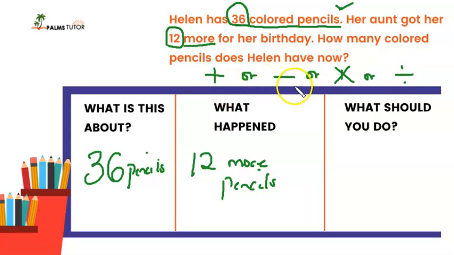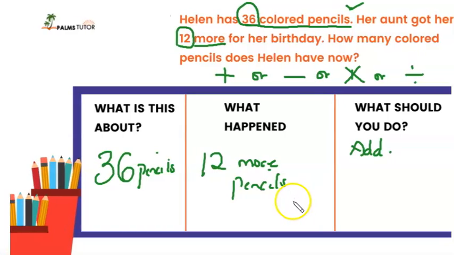You should ask yourself, am I multiplying this? Am I dividing this? Of course, this is an addition. So what should I do? I'll add it together. Although I don't want us to solve this, because we are going to continue with that later, now we have 36 plus 12 pencils. That's how many pencils Ellen has.